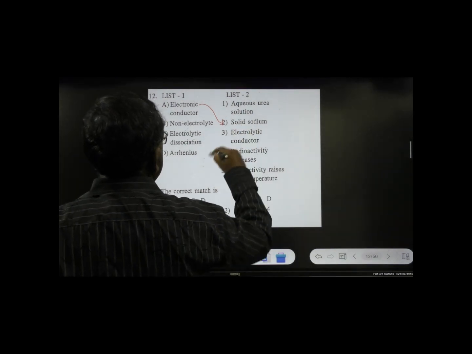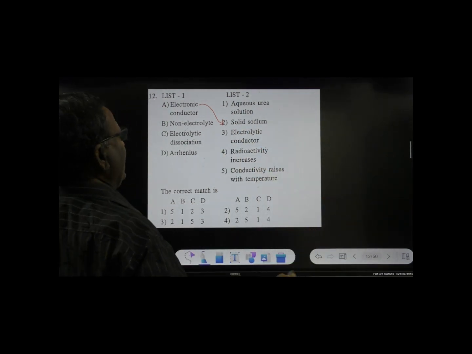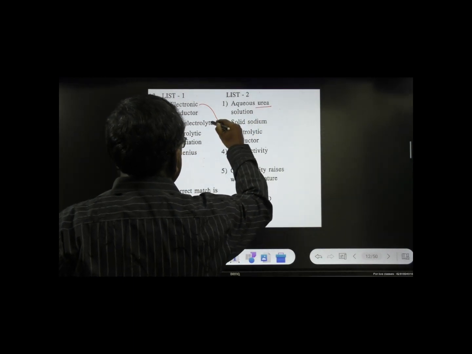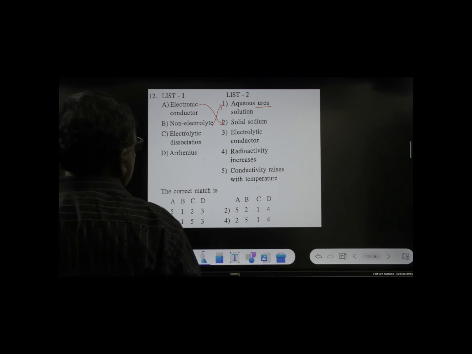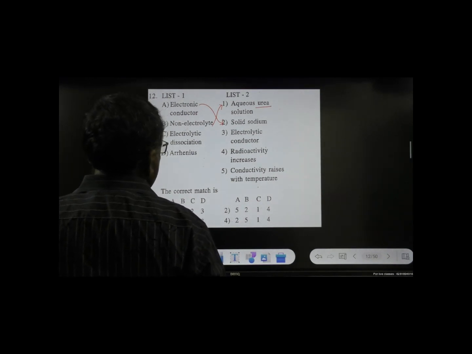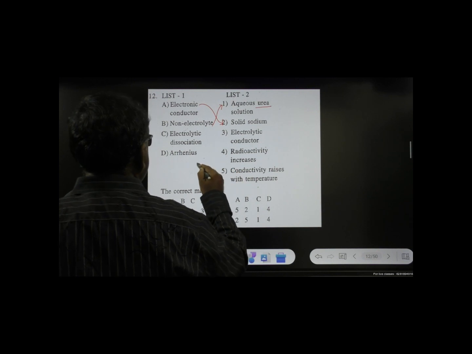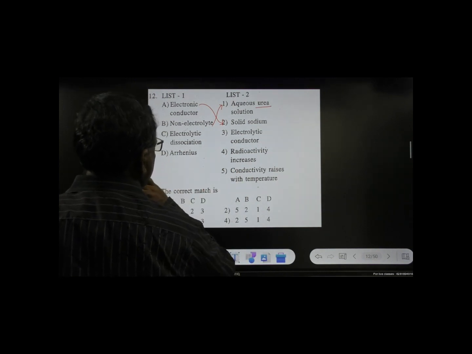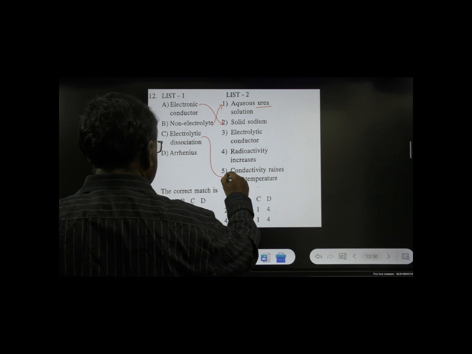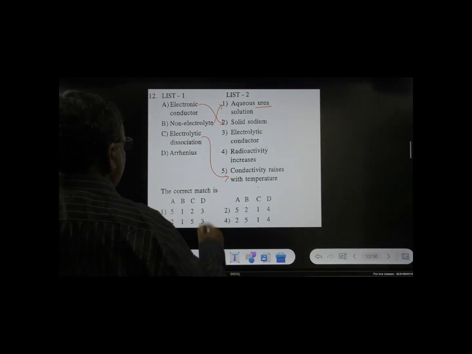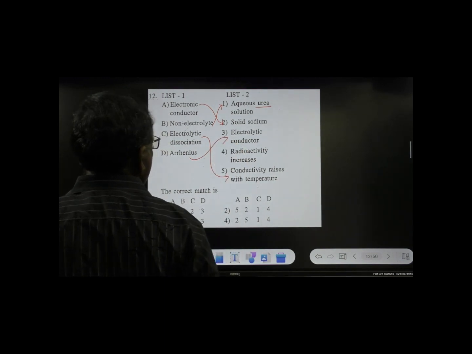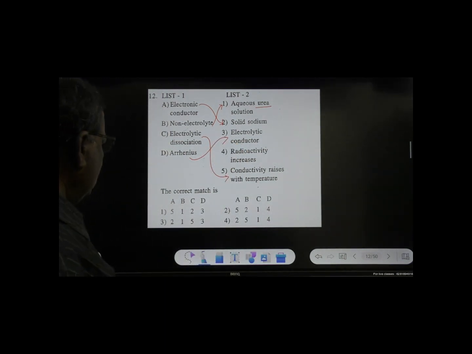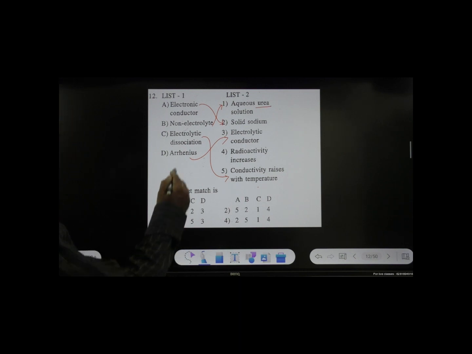So sodium is considered as electronic conductor. Non-electrolyte means the substance which will not ionize in aqueous solution. Urea is a non-electrolyte. Electrolytic dissociation means conductivity rises with temperature. Arrhenius theory: according to Arrhenius theory, ionization takes place, so electrolytic conductors were given by Arrhenius theory.